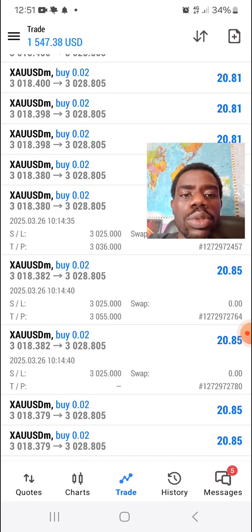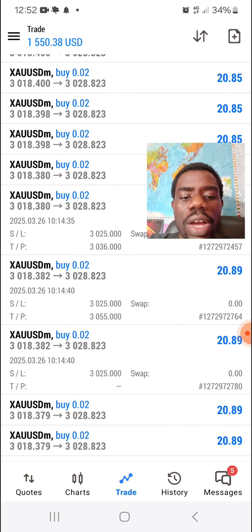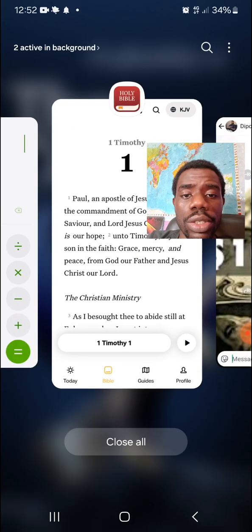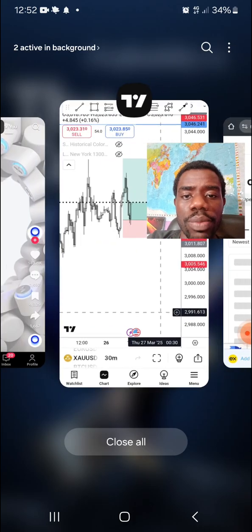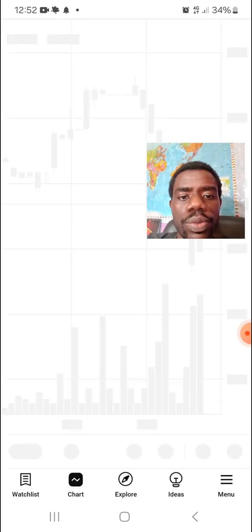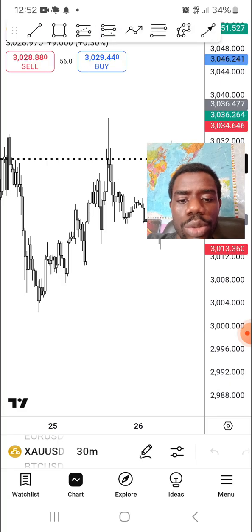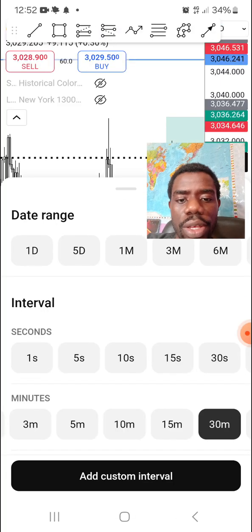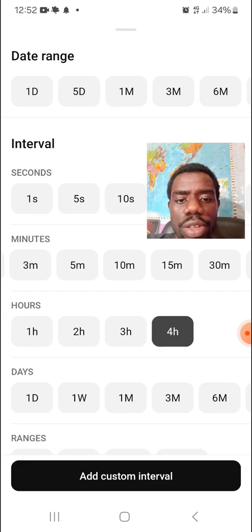First of all, if you would risk, you need to have a good setup. So I want to show you the setup for this particular trade. I have my TradingView here, and on my TradingView I have my setup, which I want to show you. So I have the analysis. It was a quick analysis anyway.